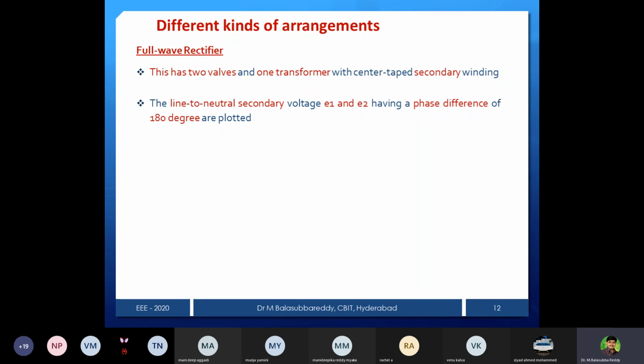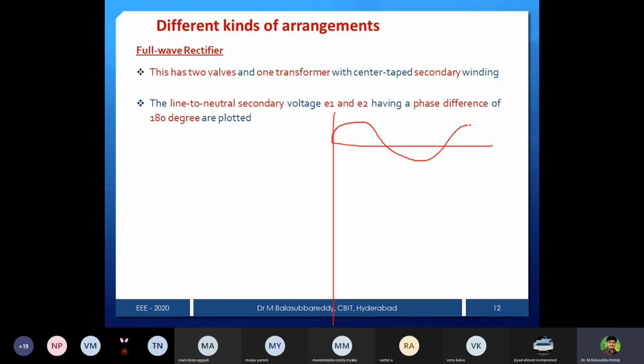In the line to neutral secondary voltage, we noticed that E1 and E2 have a phase shift of 180 degrees. Why the phase shift of 180 degrees? You can see here the supply is sinusoidal.